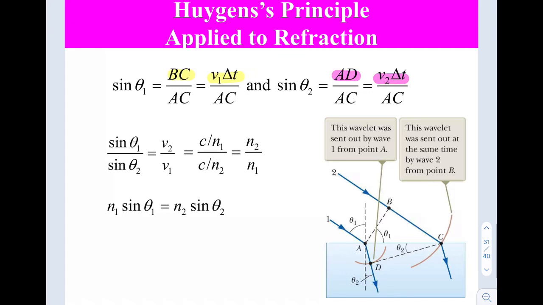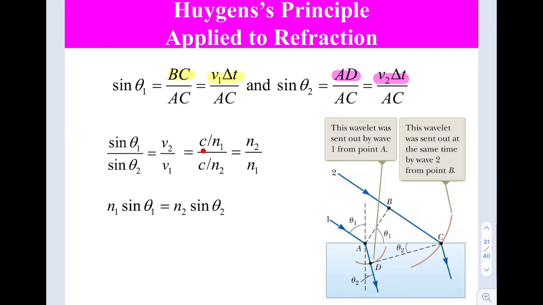Dividing the first equation by the second, the delta T cancels, and it will give us sine theta 1 over sine theta 2 equivalent to V1 over V2.